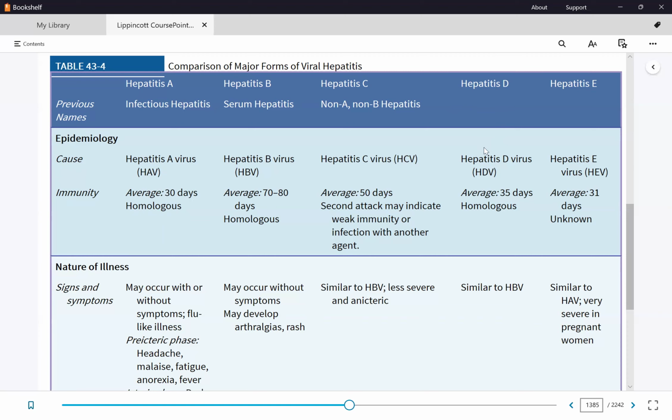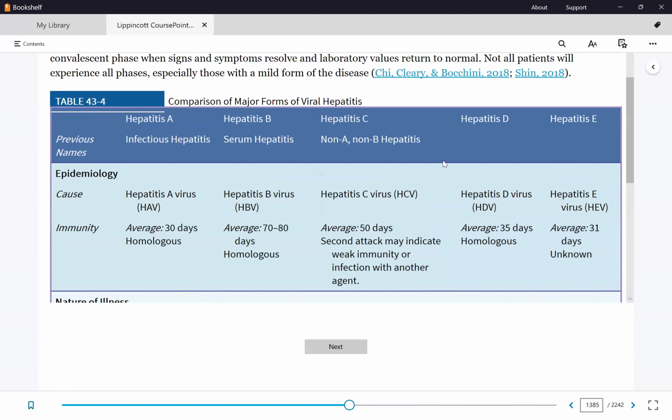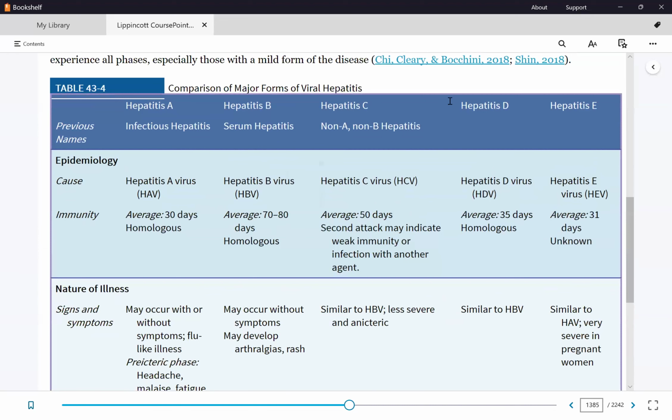However, if you look at D, D can only be acquired if you have a previous infection of hepatitis B, meaning D cannot enter your cells unless it gets the help of B, because this is a reverse RNA virus. Let's say you were exposed to hepatitis D, transmitted through body fluids, through blood and needle injections or open wounds, for instance.